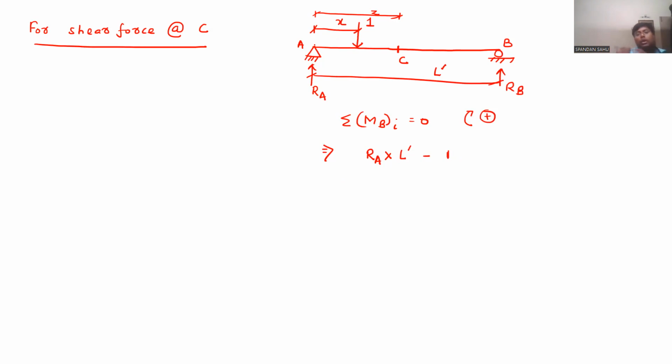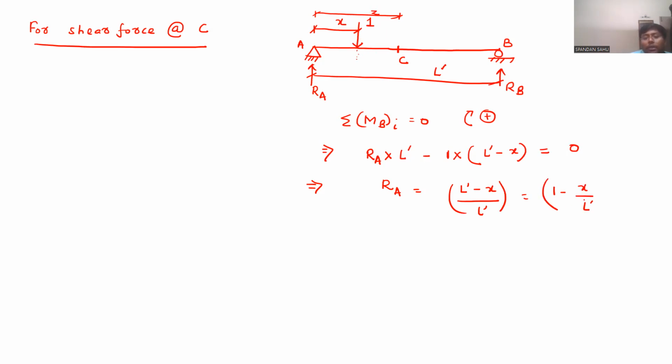RA is producing a clockwise moment about point B, and 1 into what will be the lever arm? It will be L prime minus x, because the lever arm is from this point till point B, and that will be equal to 0. So from here, we will get RA equal to (L prime minus x) by L prime. Simplify it.